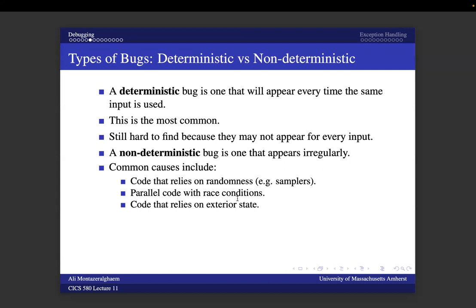Also, code that relies on external state, which means that, for example, our code gets the temperature of the room, and based on the value of the temperature of the room, we find a bug in our program. But this means that the code is just based on some variables that are not defined in the code.